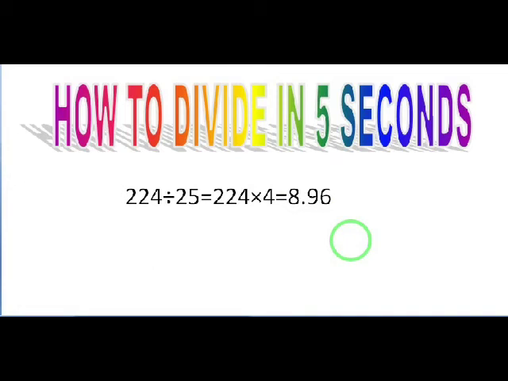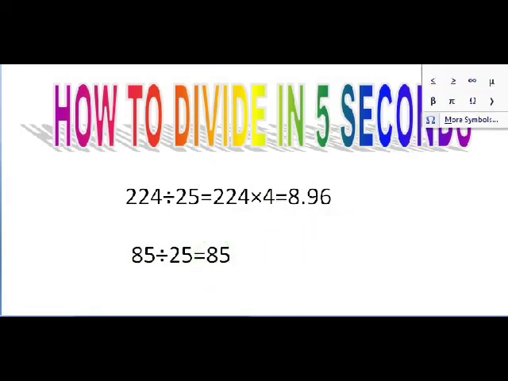So let us take another example. 85 divided by 25. So 85 is the dividend. For that we have to multiply 85 into 4, and here is the answer we have got. 85 into 4, the answer is 340.